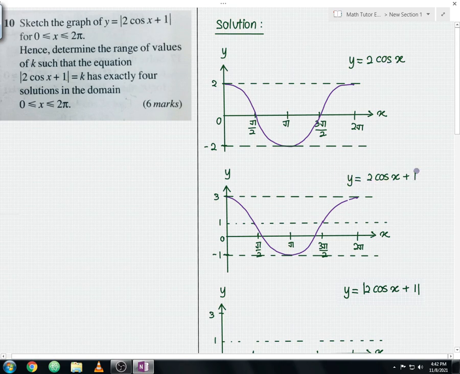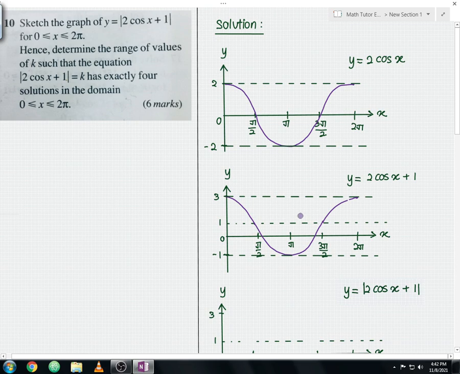Now you can ask me, why did I show these two? The reason is so that you can understand the process of getting to this graph, where you need to form y equals to modulus 2 cos x plus 1. So at the end you only need to show this final graph. You don't need to show these two steps.